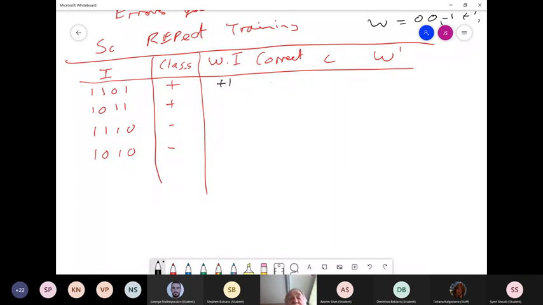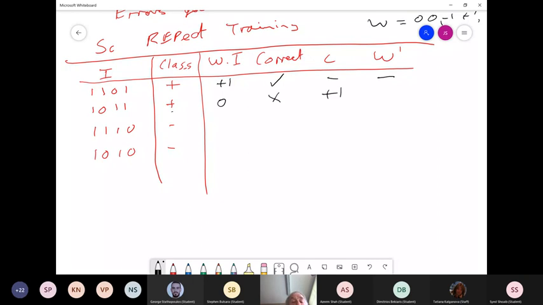It is correct. No change in the weight vector, no correction factor needed. For the second pattern, the scalar product is going to be 0. It is incorrect because we want it to be positive.